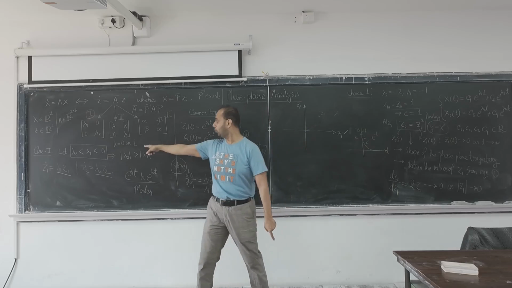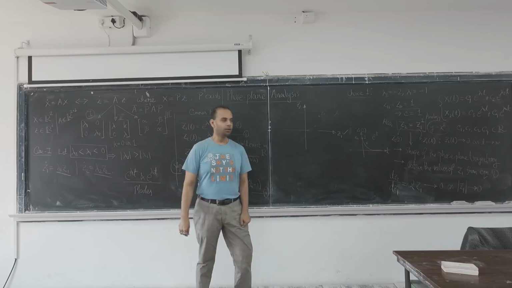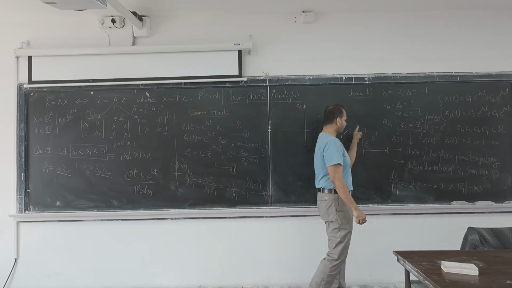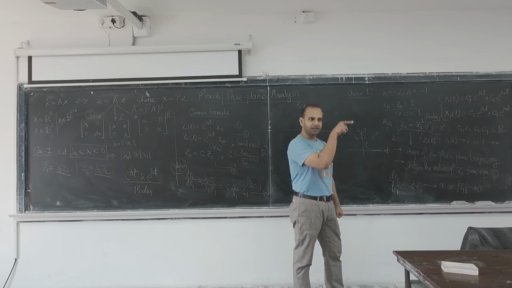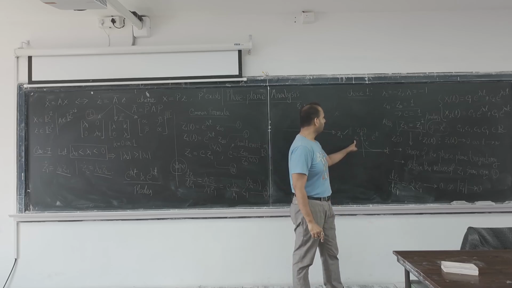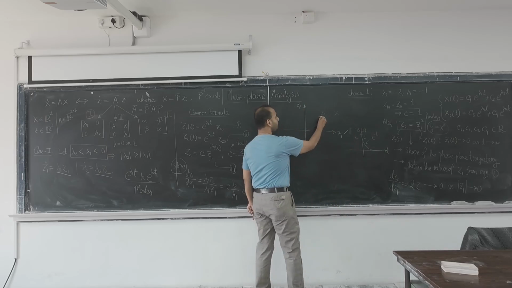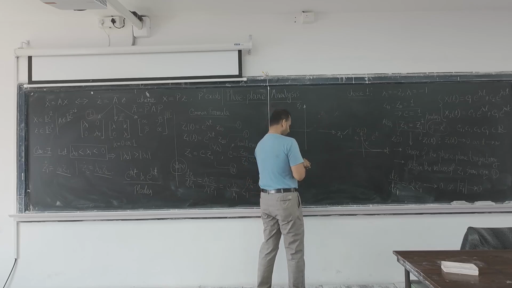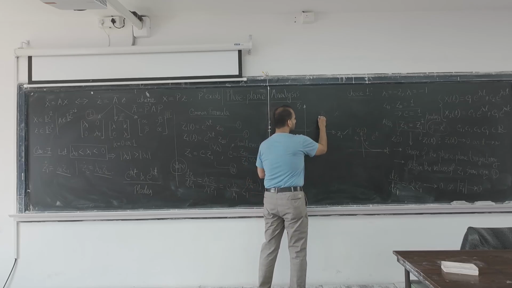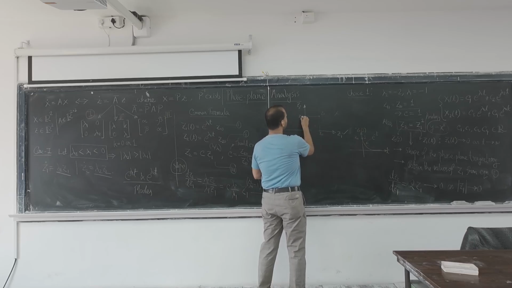Because here both the modes, or both the eigenvalues, are negative, z1 of t is continuously decreasing starting from z10. So whatever may be the position z0, this is your z10, this is your z20.